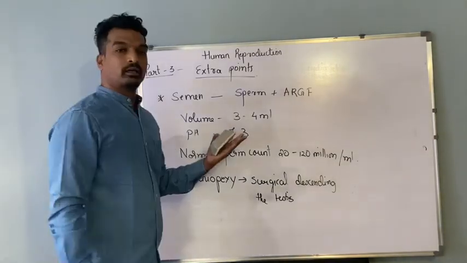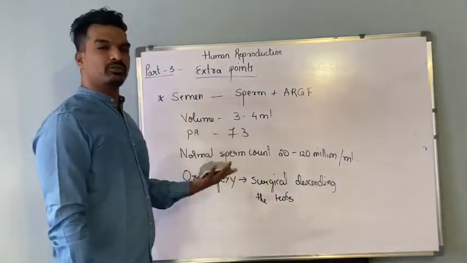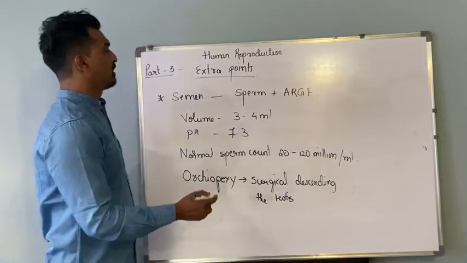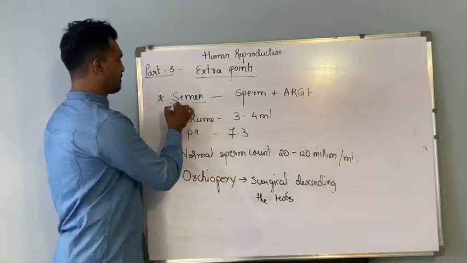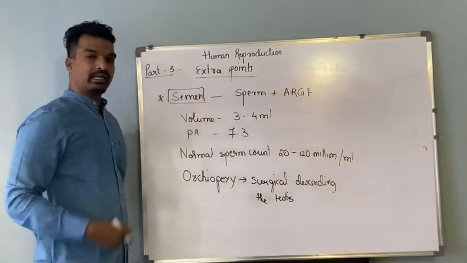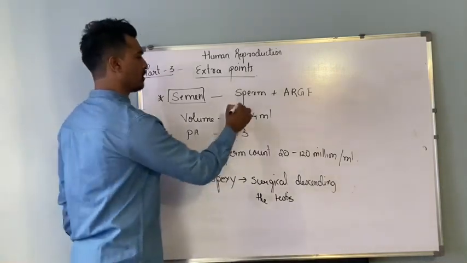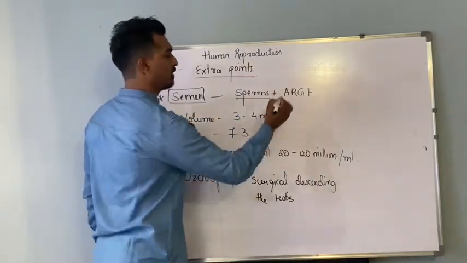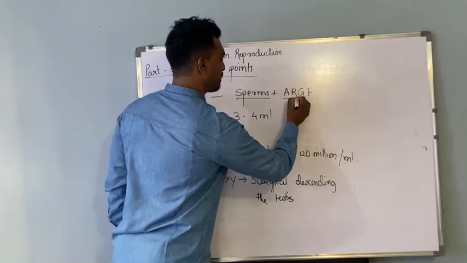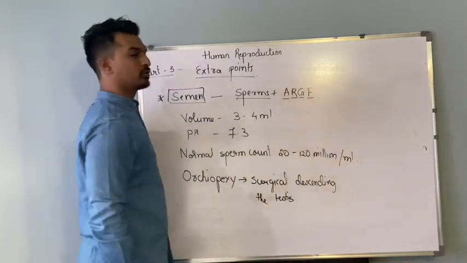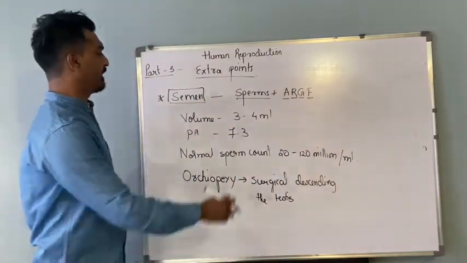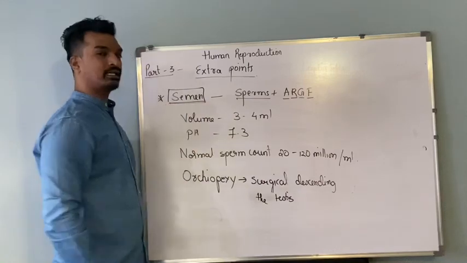So here are some extra points you just need to remember. Let us say the semen. As we studied, semen consists of the sperms plus the accessory reproductive gland fluid. Accessory reproductive gland fluid and sperms together are called the semen.